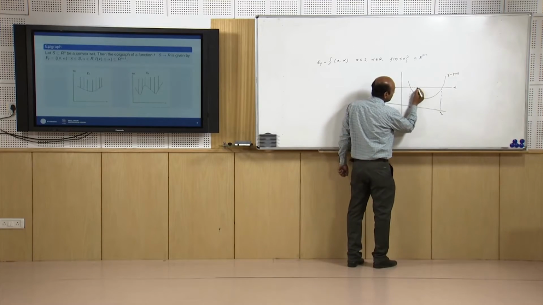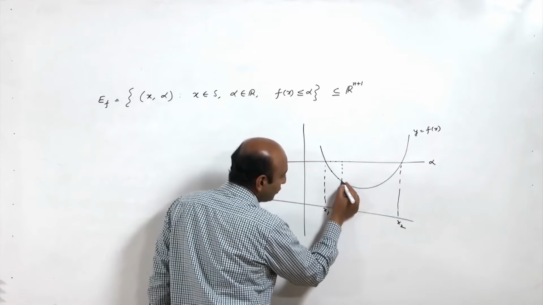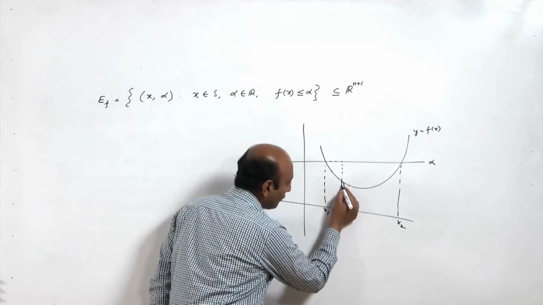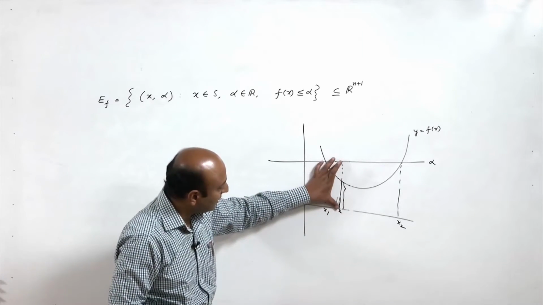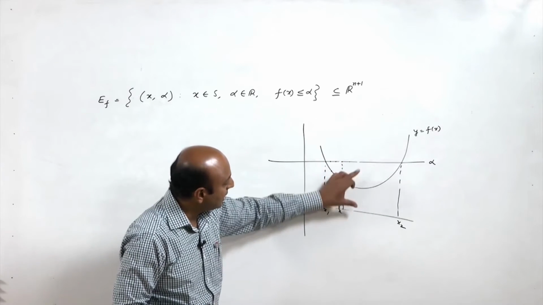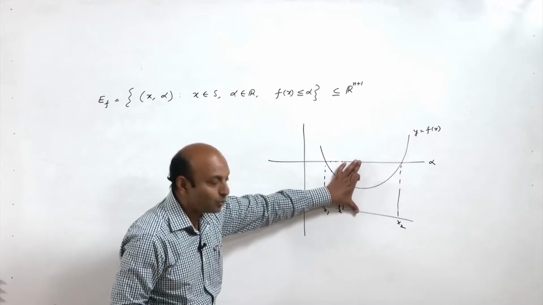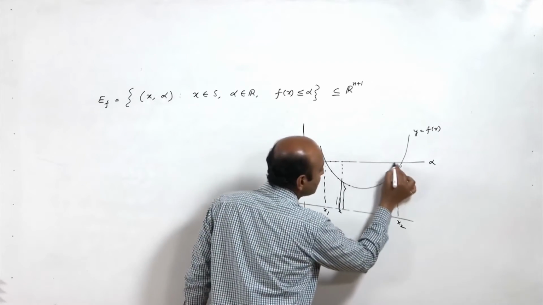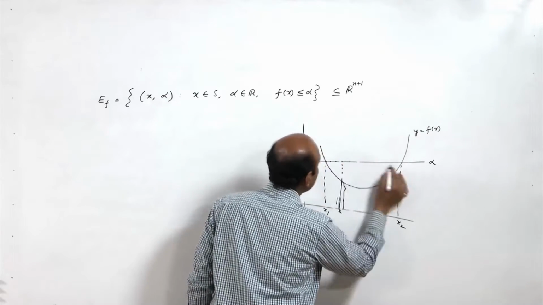For this x, f(x) is only this height, and this f(x) is less than or equal to alpha. If you take all the points on this line segment from here to here, all of them are such that f(x) is less than or equal to alpha.